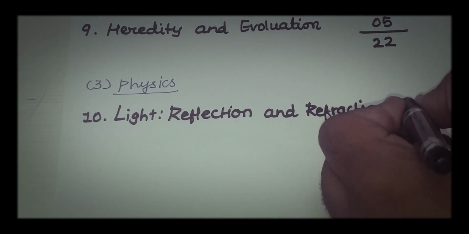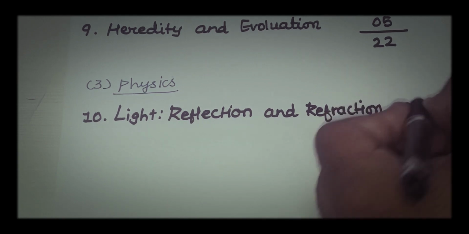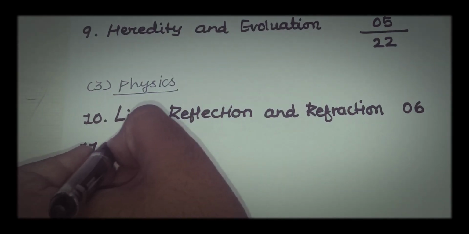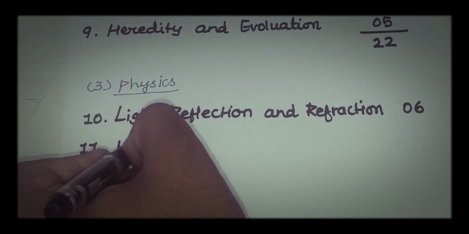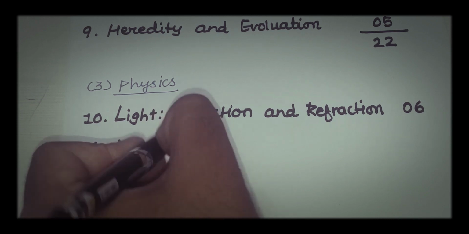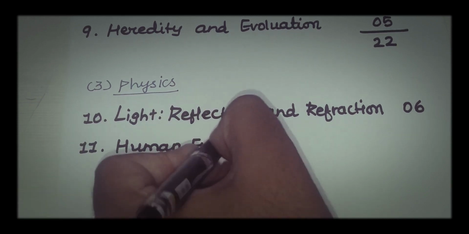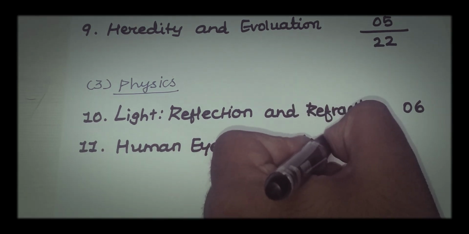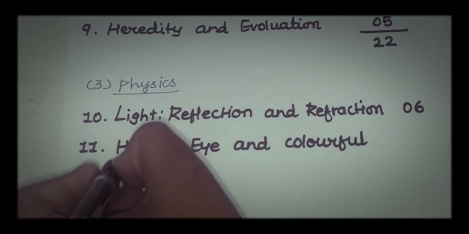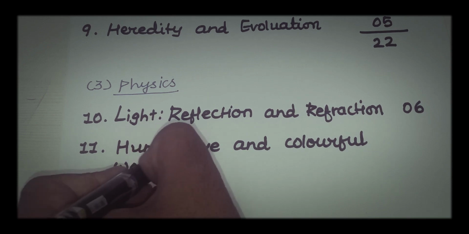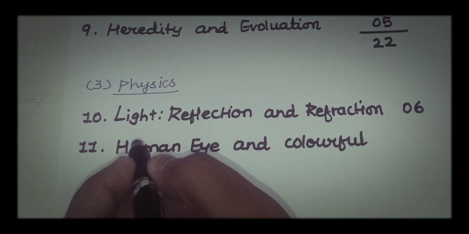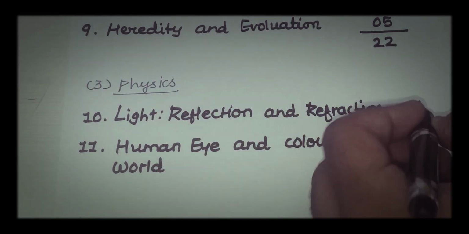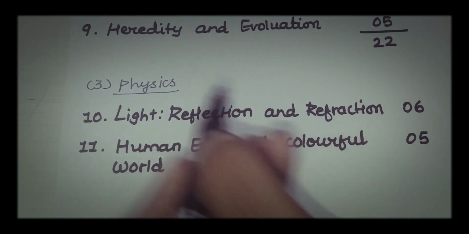The weightage of this chapter is 6 marks. Then the 11th chapter is human eye and colorful world. The weightage of this chapter, human eye and colorful world, is 5 marks.